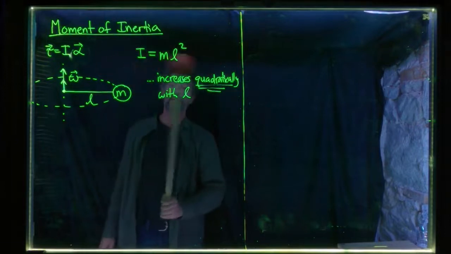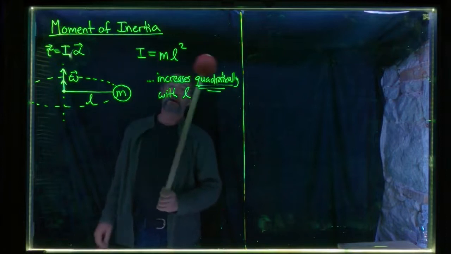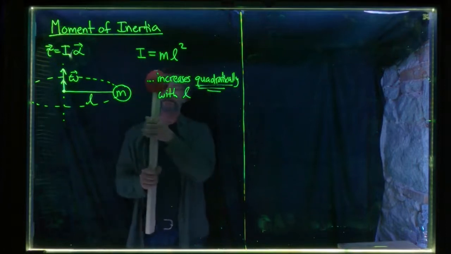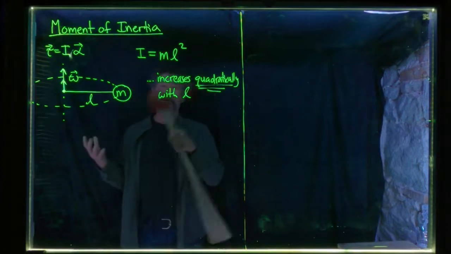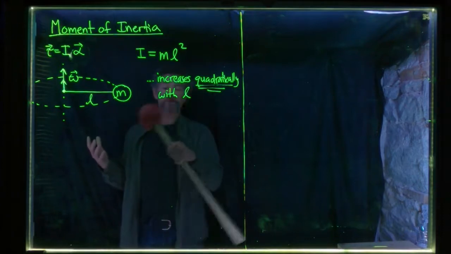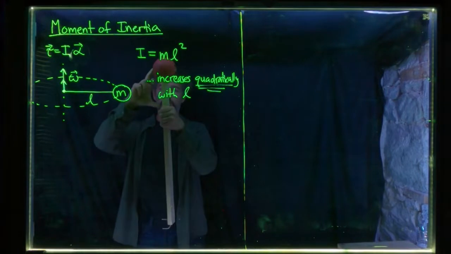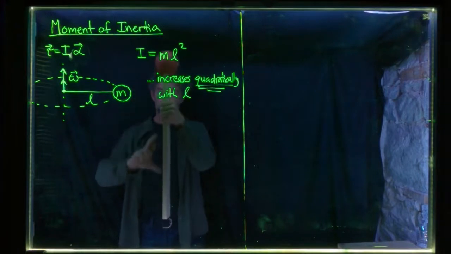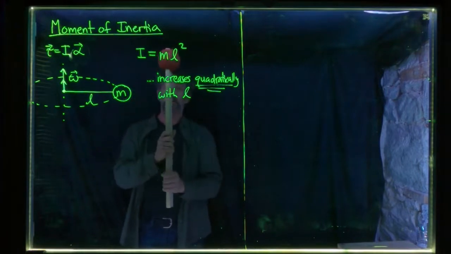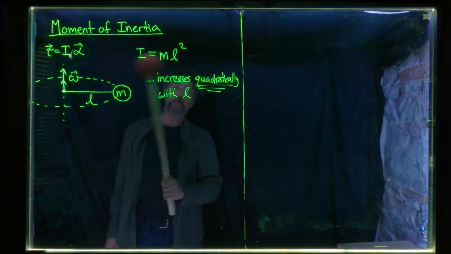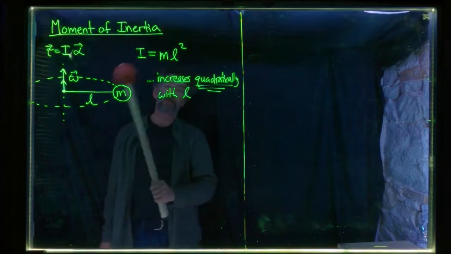It's way, way harder to do this. And it increases quadratically. So here, there's some resistance to changes in the angular velocity, and that's with some distance L. If I were to double L by going here, or triple L to be going here, it will be 9 times as hard, and I can feel it. It's way, way harder, okay?